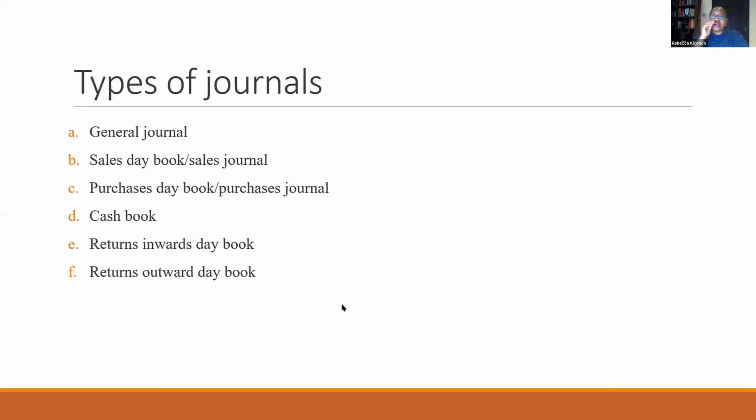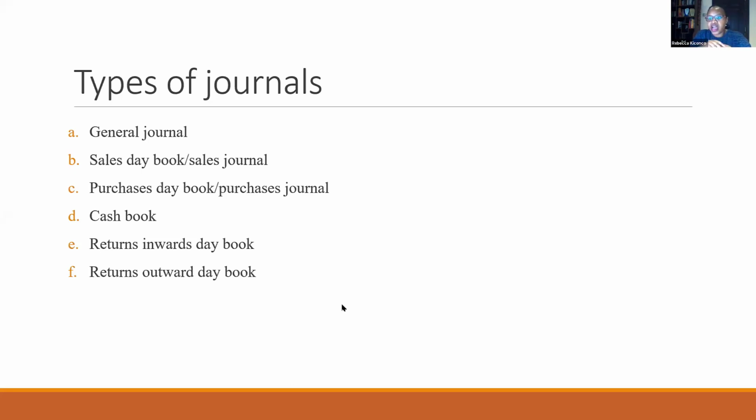Yes, so in brief, what are the types of journals? Or what are the types of books of original entry? Or what are the subsidiary books? We have the general journal. In the general journal, we record transactions that are not recorded in any of the other journals. They don't fit within sales, purchases, cash, returns inwards, or returns outwards.